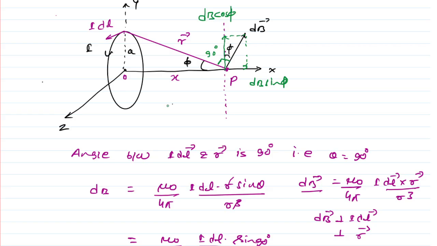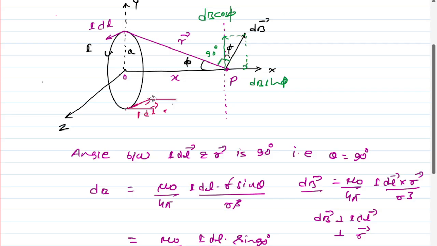If we take another dl element at this point, just counter to this, opposite to this dl vector, so for them also the position vector of point P will be, we can use another color, dl vector, and their position vector is also r only.